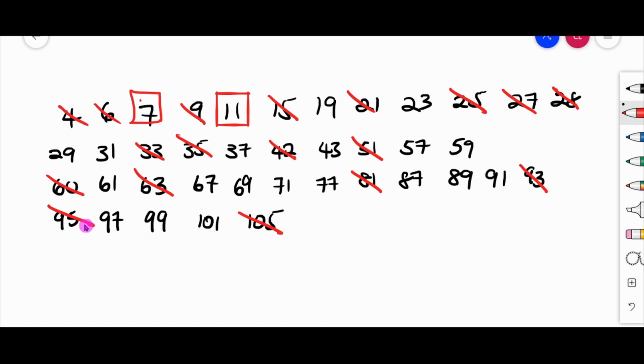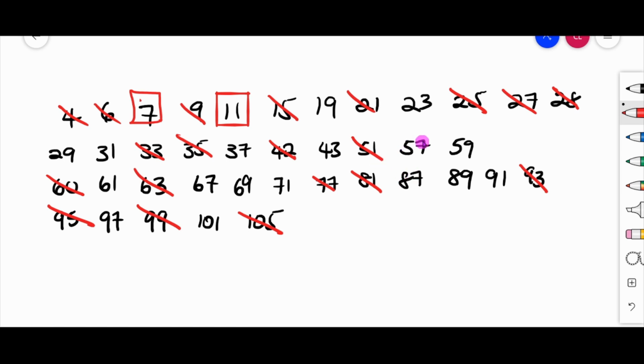Next line. 77. 7 times 11 gives you 77, so we'll take this out. Let's go 99. 9 times 11 will give us 99, so 99 is out as well.